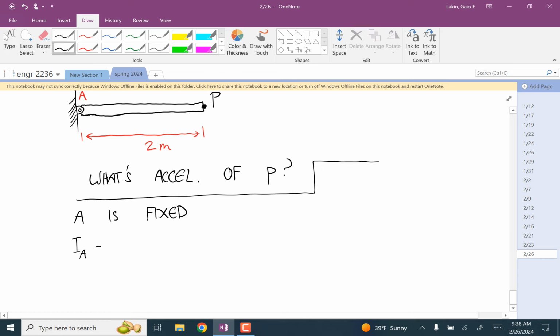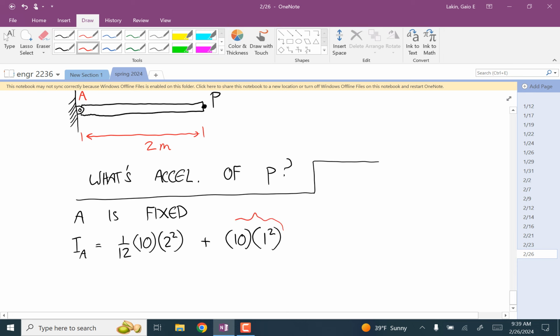But this is going to be 1/12 times the mass times the length squared, plus the parallel axis theorem part, which is the mass times the distance squared from the center of mass to A. So what's that going to be? The distance from the center of mass to A? Yep, half of the length.